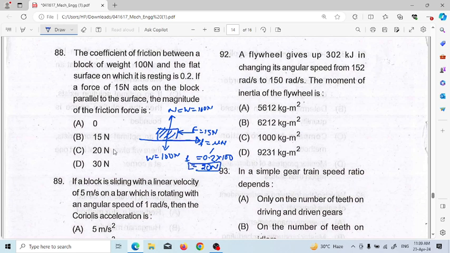So the friction will be 20 Newton. If a force of 50 Newton acts on a block parallel to the surface. So okay.